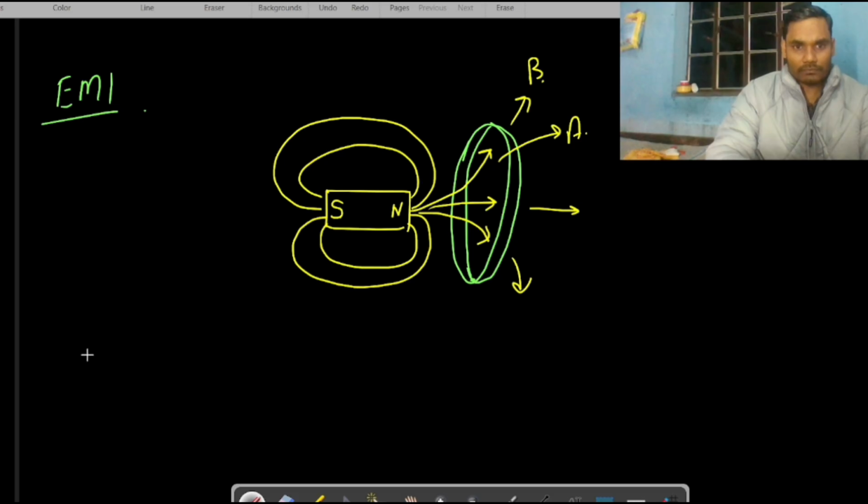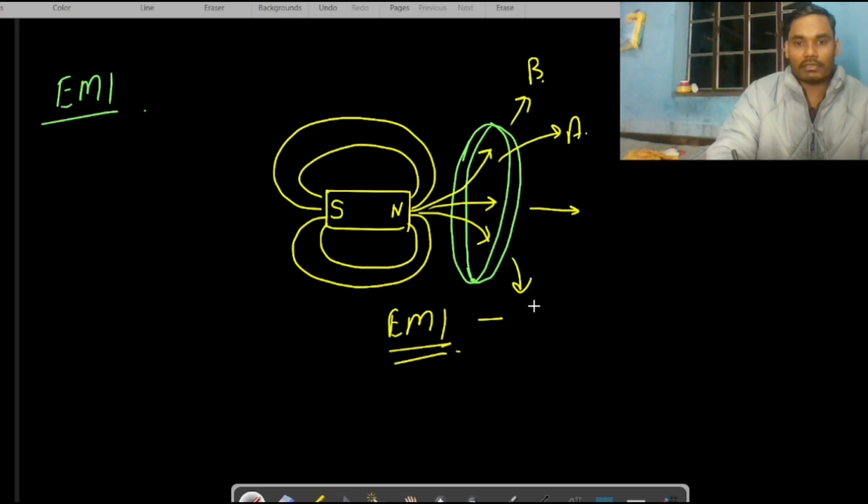So when we move this magnet, there is some current induced here. Okay, this phenomenon is called electromagnetic induction, because we get electricity from magnetism.